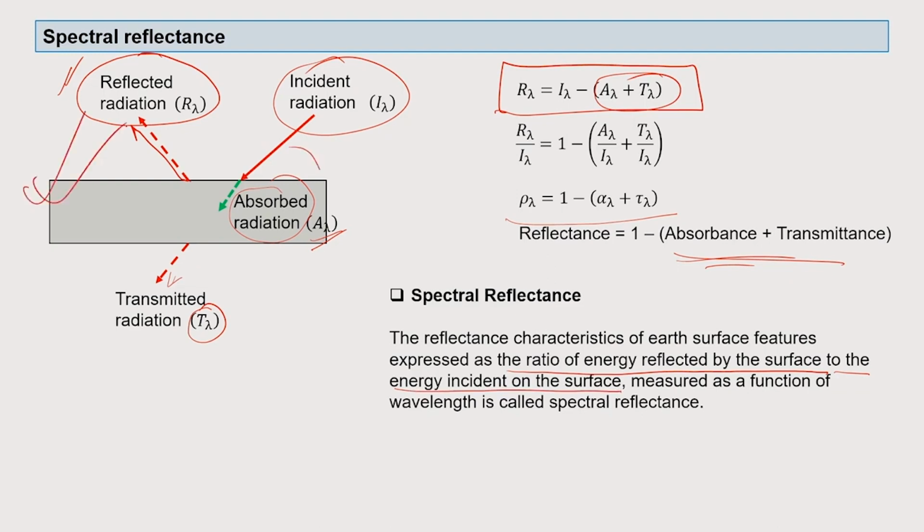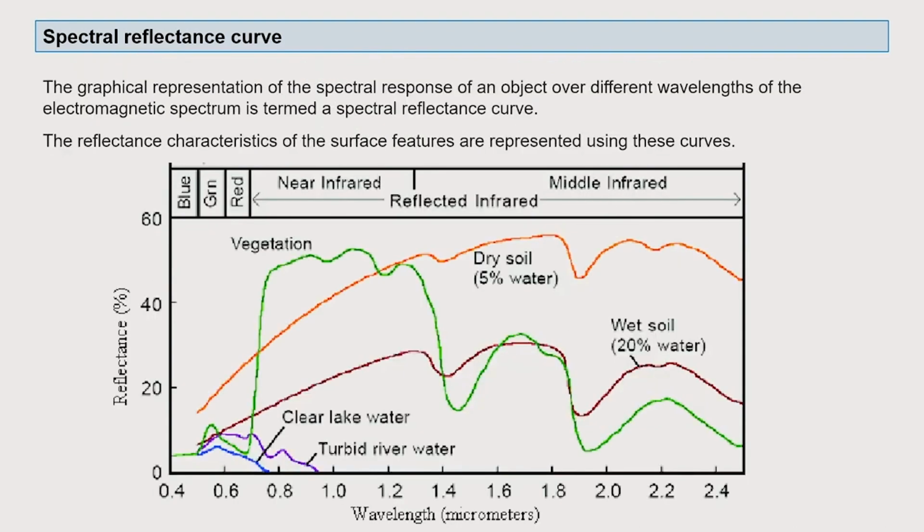This is the figure that we have just now discussed. It is measured as a function of wavelength and is called spectral reflectance. Okay. So, spectral reflectance is the key aspect of remote sensing technology.